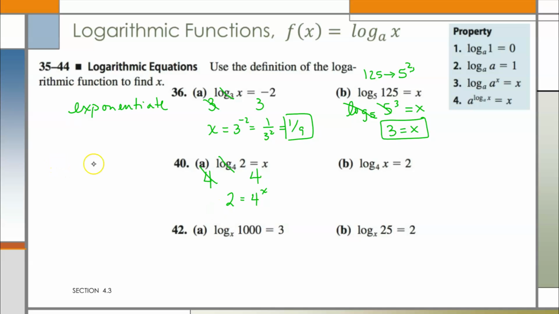Since we ran out of room, I'm going to rewrite this over here. Now, what if we wrote, instead of 4, 2 squared? Do you agree that 2 squared is 4? It is. So we can write it this way. Since these are the same base, I can equate the exponents.